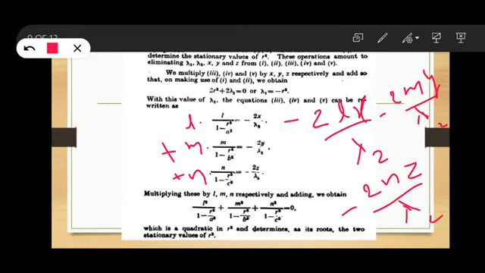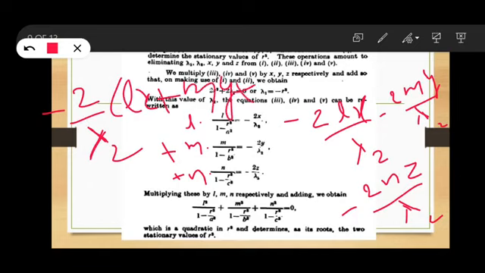If we see this, the 2 by lambda 2 is common, and also the minus is common, so here we take it common. Minus 2 by lambda 2 taken as common. If we take common, then we get lx plus my plus nz.